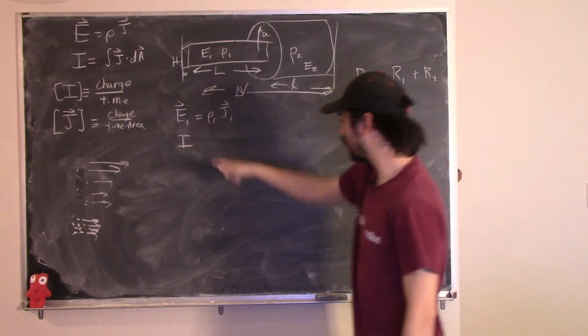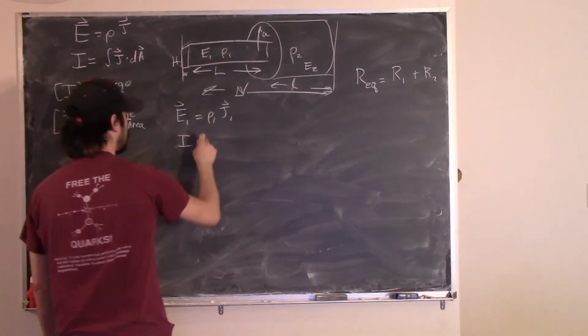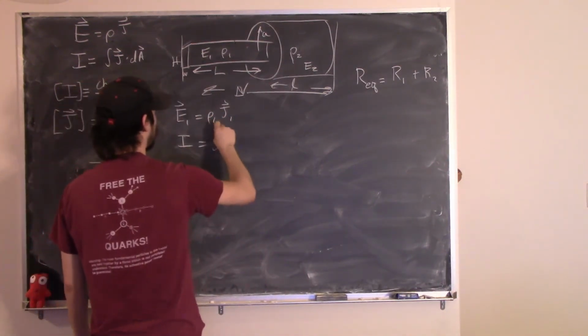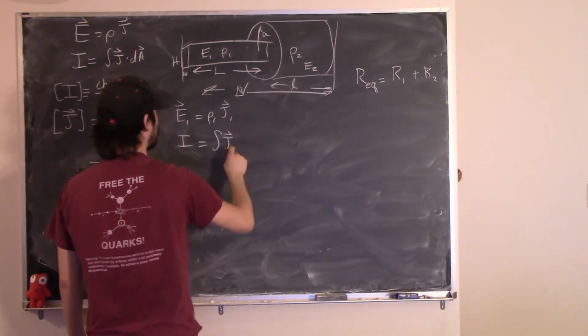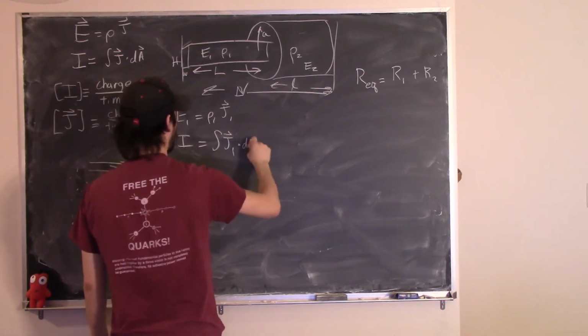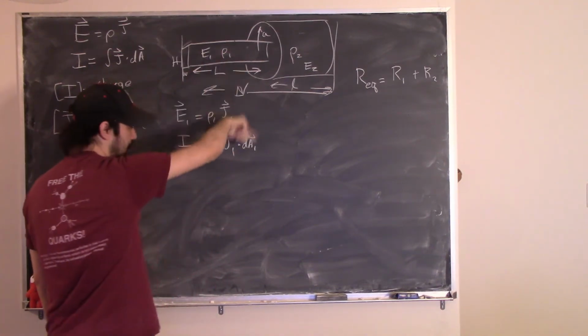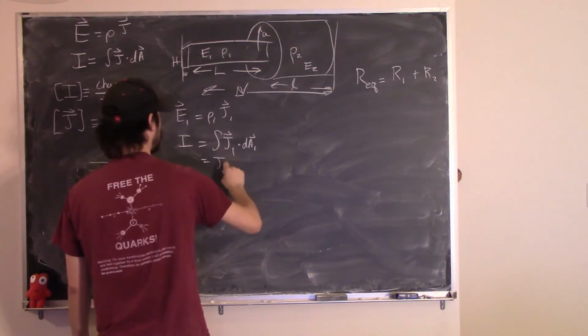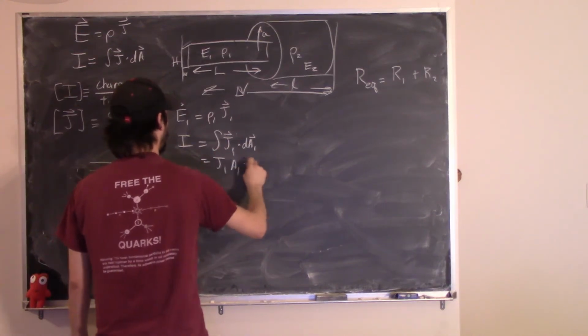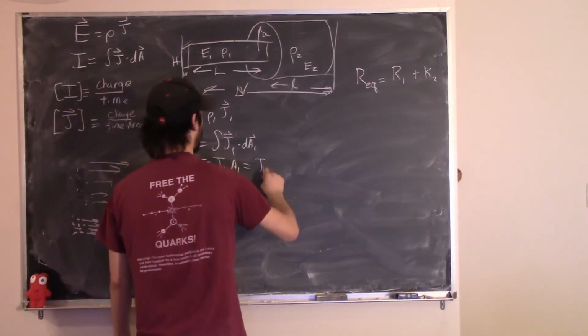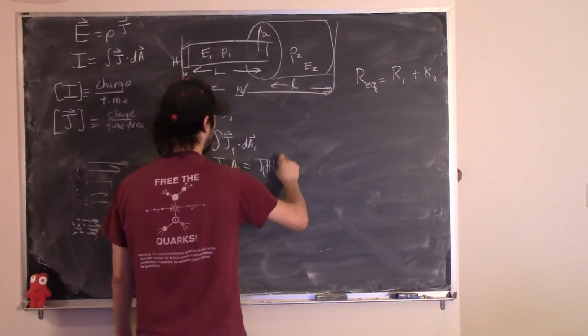So this I, like I said, is going to be common to the two, but this can be written for J1 as the integral of J1 dot dA1. And so the same way that we reduced this before, this is just going to be J1 times A1, where this is just going to be J1 times H times W, right?